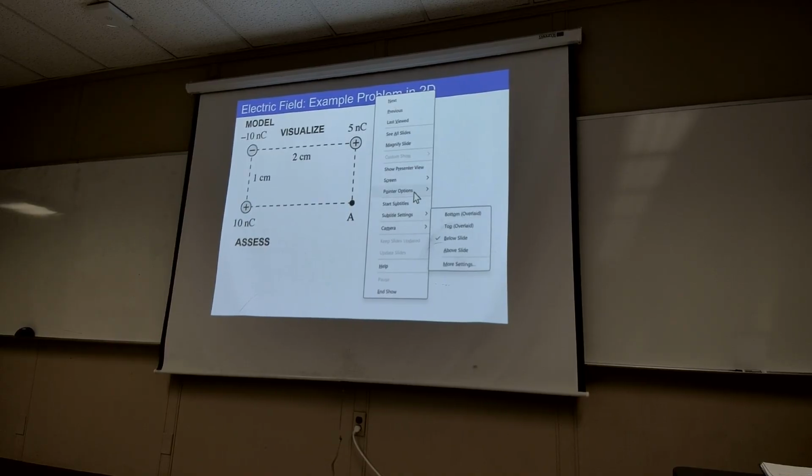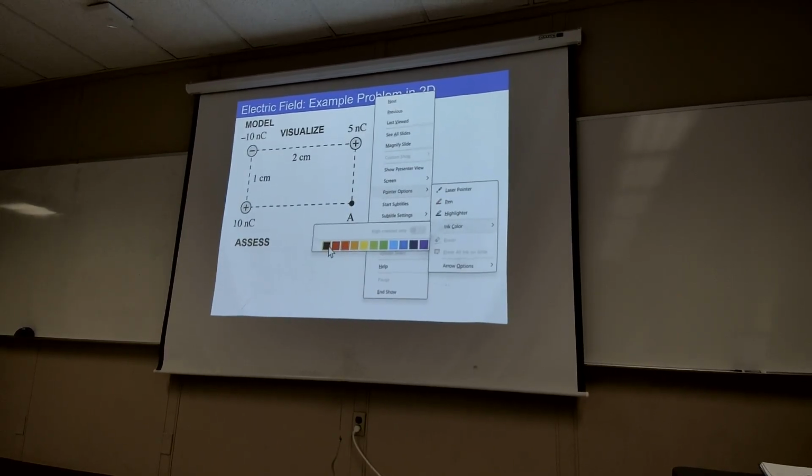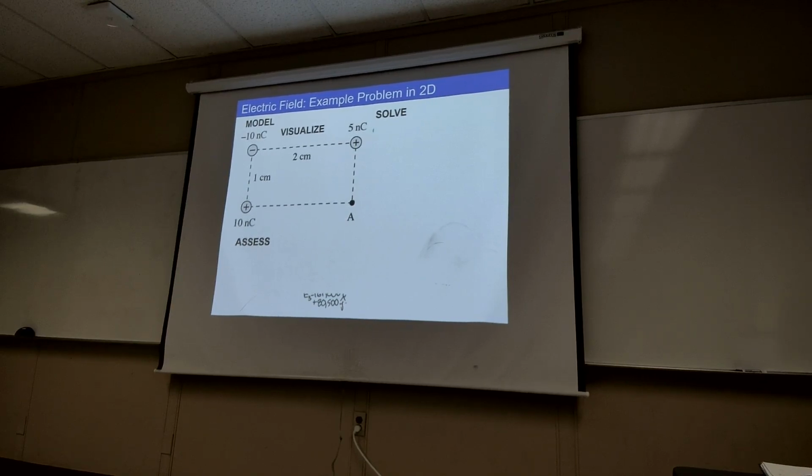So we had here then E1 was equal to 225,000 times i hat. E2 was equal to negative 450,000 times, let's see, Newtons per coulomb, times j hat.